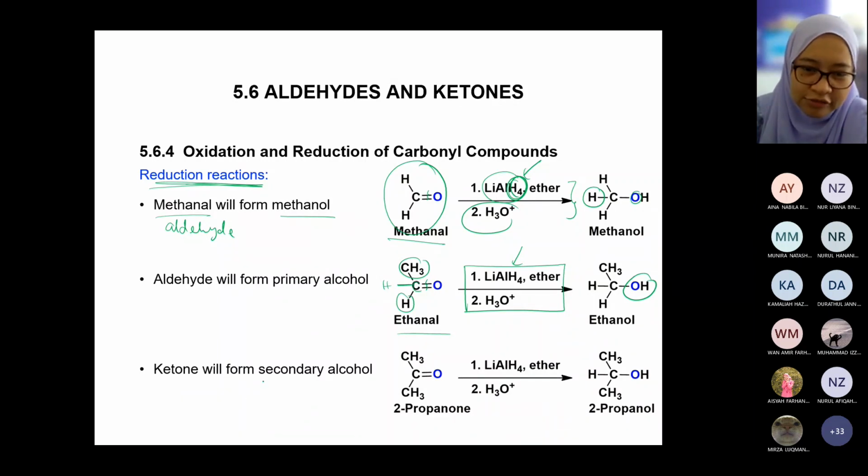Ketone when it undergoes a reduction, sama juga. You tambah the OH, you tambah the hydrogen, this one will be broken, so tambah another hydrogen there. Dah, siap. Okay, this is for reduction using reducing agent.